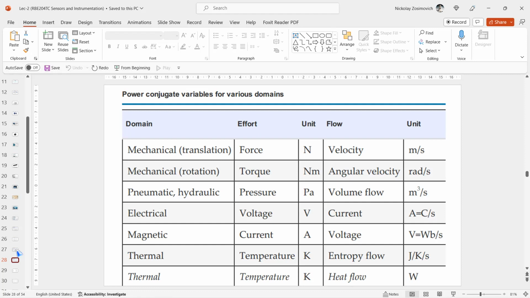Moreover, the above quantities T, E, and theta are across variables. On the other hand, F, D, and sigma are through variables.